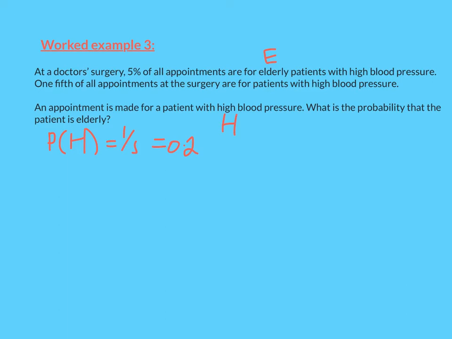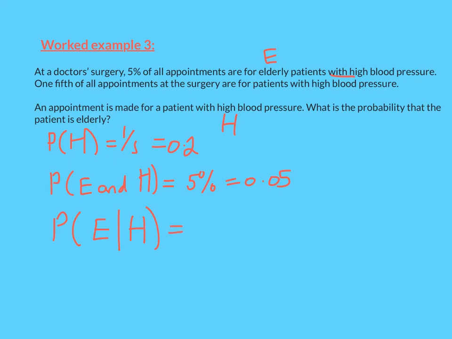Okay, we also know that the probability of elderly with high blood pressure, E and H, is 5%, which is 0.05. And we're asked to find the probability that they're elderly, but we know that they've got high blood pressure, so given that they've got high blood pressure.